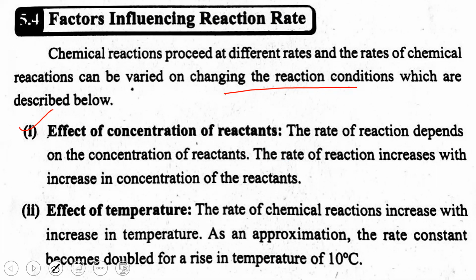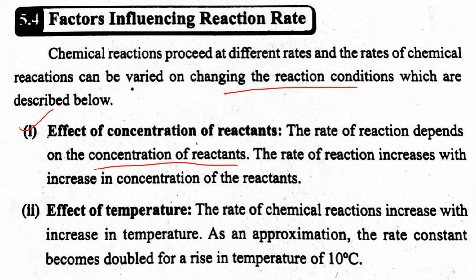So here, yes, we know that the rate of the reaction depends upon the concentration of the reactants. In the previous slides, we saw that the rate of the reaction is directly proportional to the concentration of the reactants. So based on that, the rate of the reaction depends on the concentration.